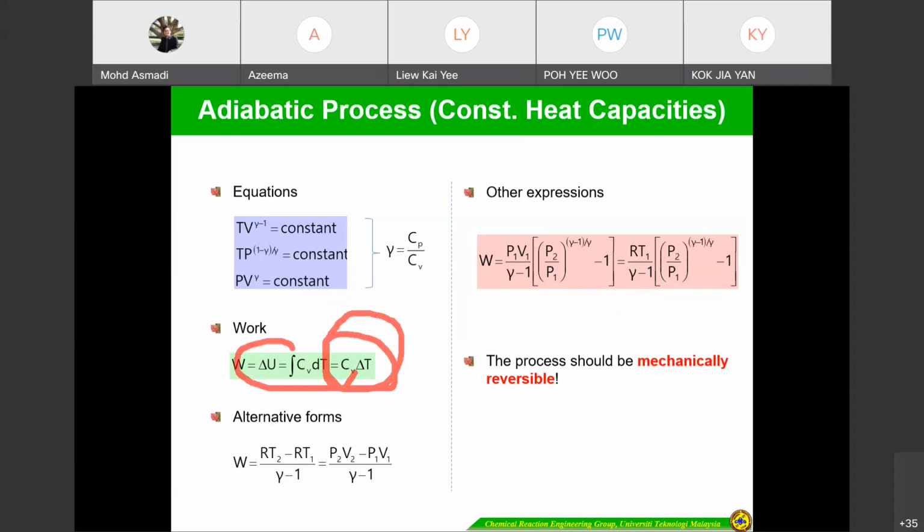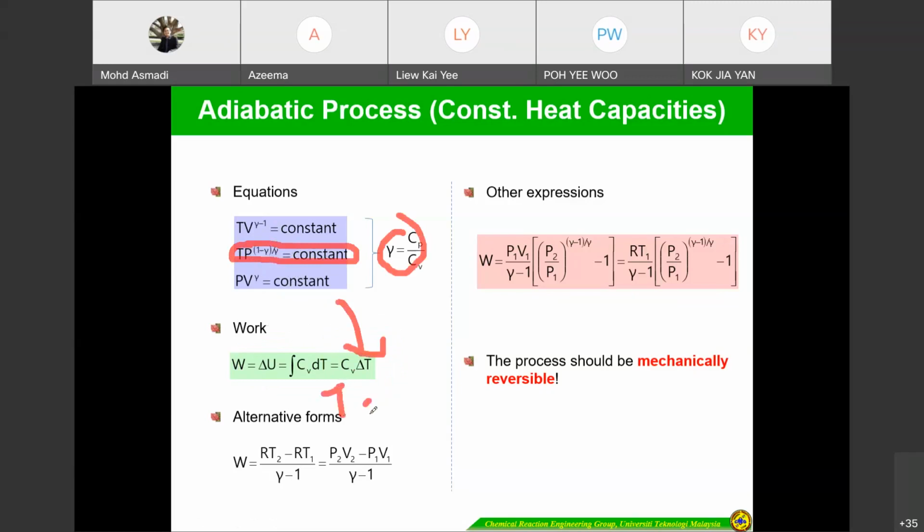The final temperature. If you want to calculate the final temperature, you have to use this equation. So you can get this relationship, CV and CP. Meaning that this equation is going to be T2 divided by T1 and P2 divided by P1. Constants, meaning that T1 P1 equals T2 P2. Same.